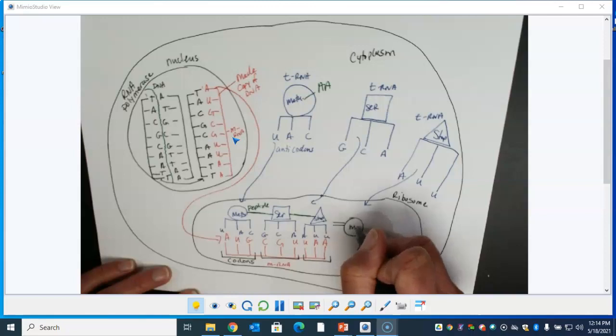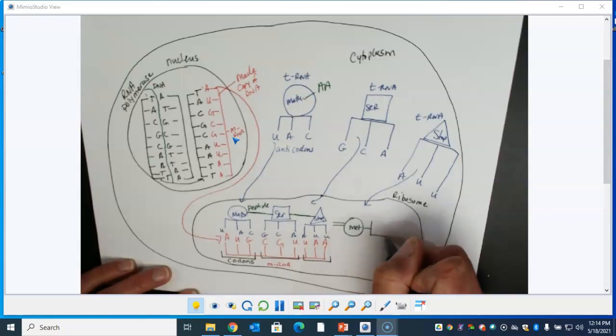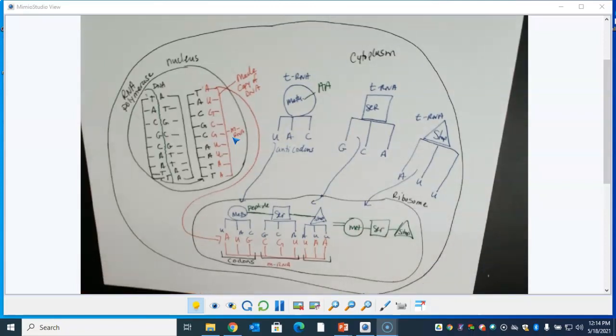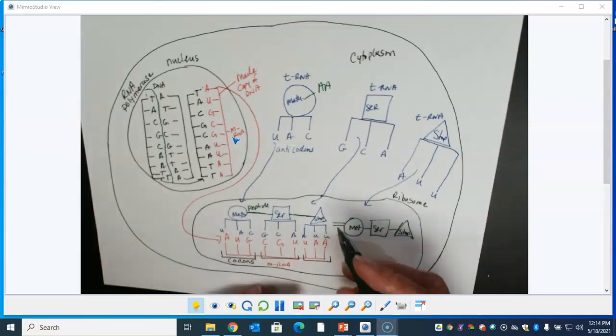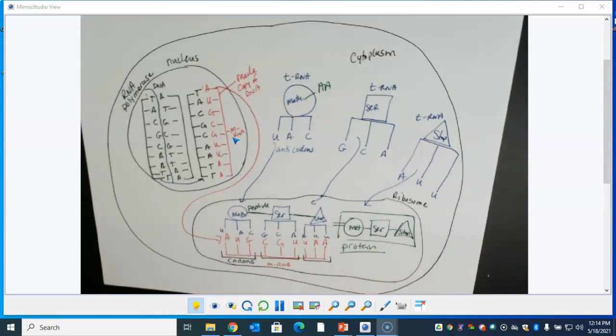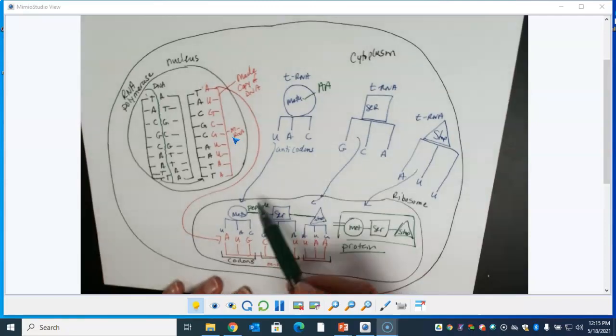We're going to have methionine attached to serine, attached to a stop codon. So this turns out to be our protein. And this part inside of the nucleus, the transfer RNA, the ribosome reading the codons and having these different amino acids come in, that is called translation.